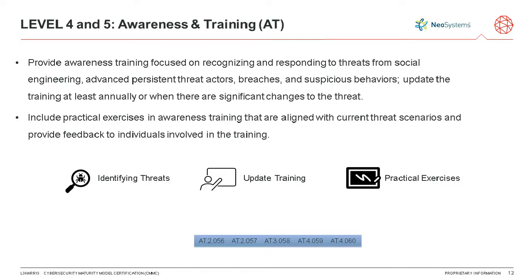And then additionally, having some practical exercises involved in this. For instance, no-notice social engineering attempts to gain unauthorized access, or using a phishing email where you can send it out there and test to see what the responses are like.